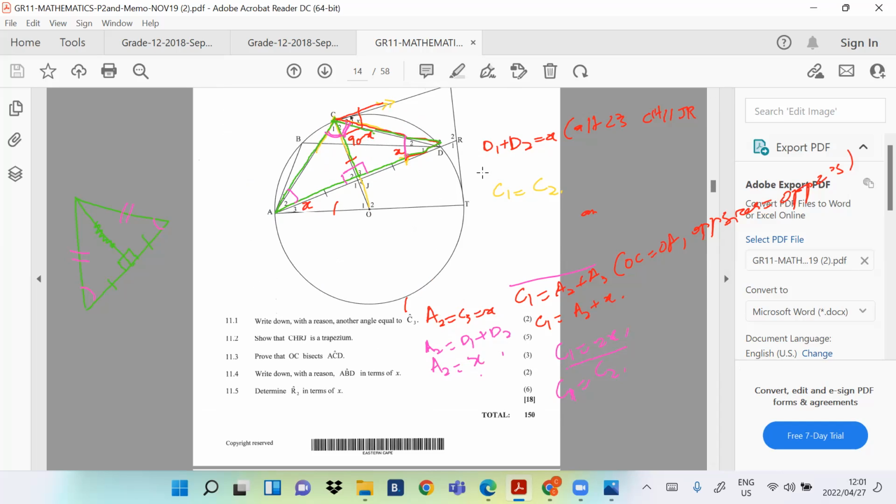Write down with a reason angle ABD in terms of X. Where is ABD? Angle B, right? They want it in terms of X. Can you see that that angle is on the same side as this one?